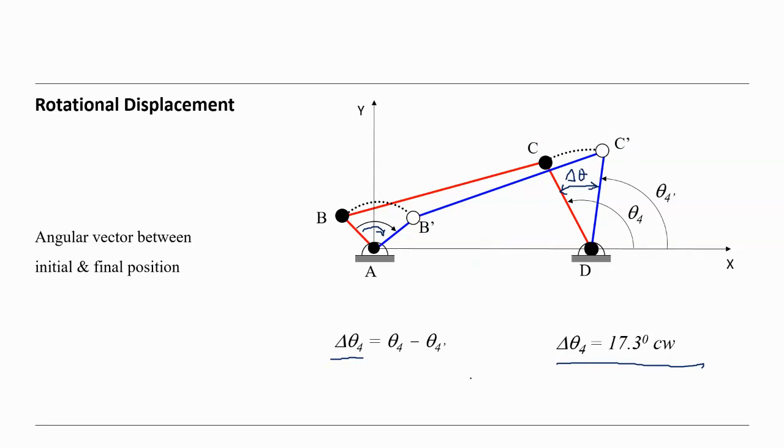So in the direction of clockwise, we have a difference, the angle delta theta, the angular vector between the initial and final position. This is the initial position and the final position.